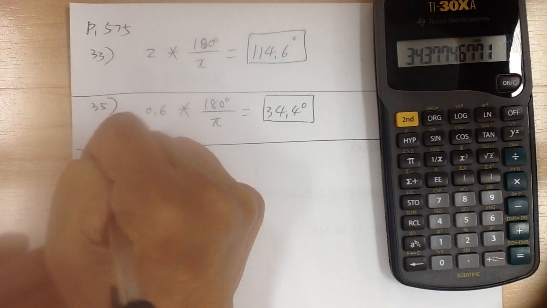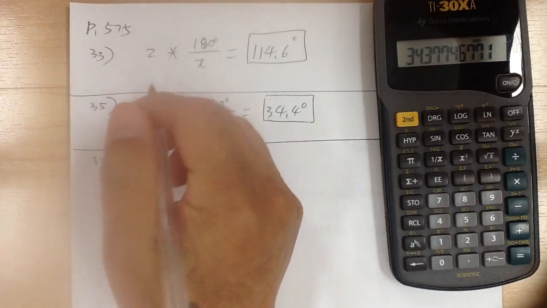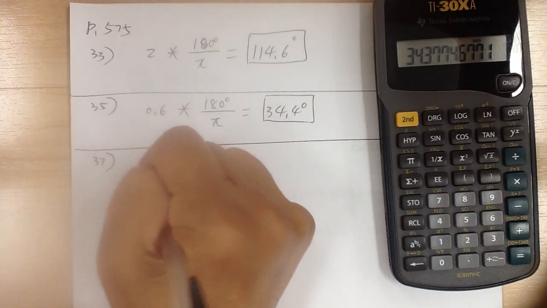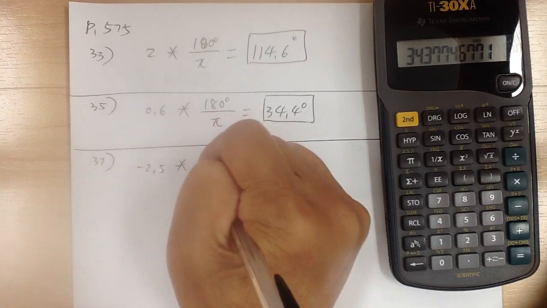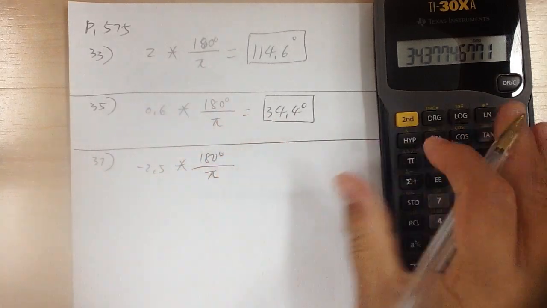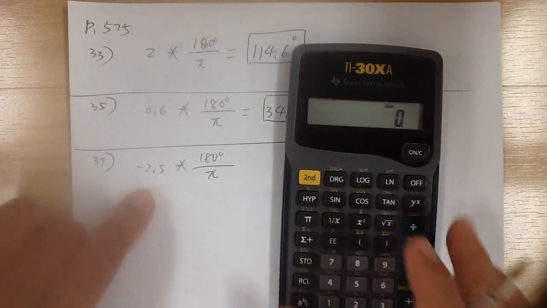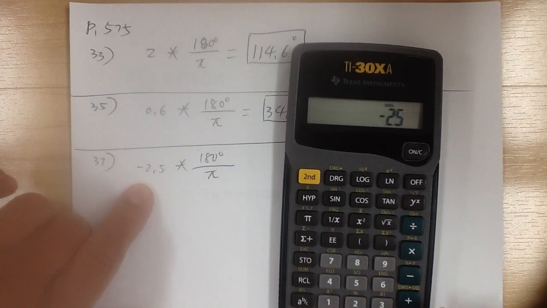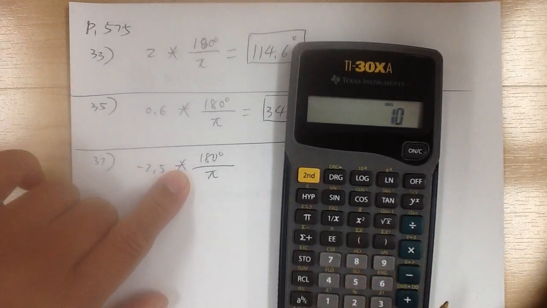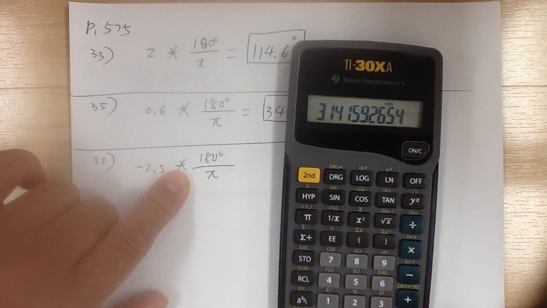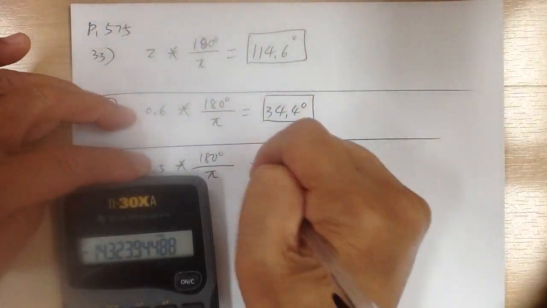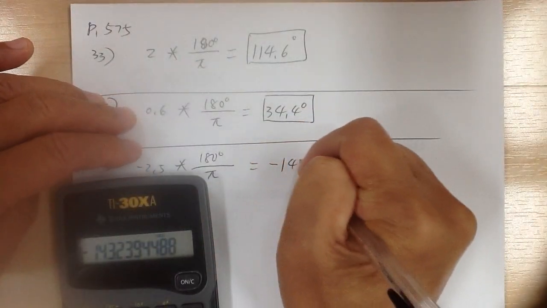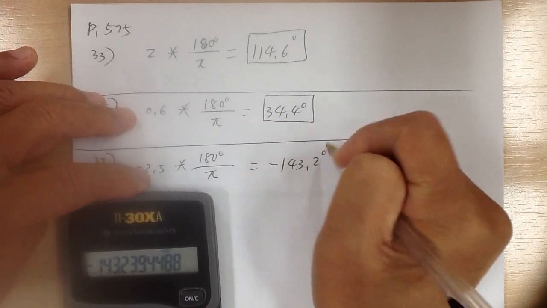Okay, number 37. Negative 2.5 radian times 180 degrees over pi. Okay, so 2.5 negative times by 180 divided by pi equal. So this will equal to negative 143.2 degrees.